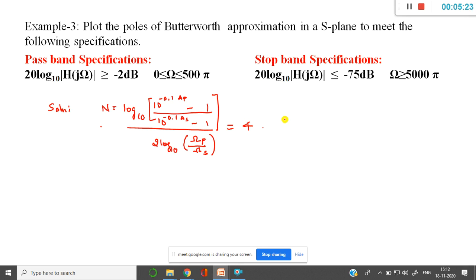Now we will move on to the next concept, to determine the poles of this particular equation. The second part is to identify the poles.